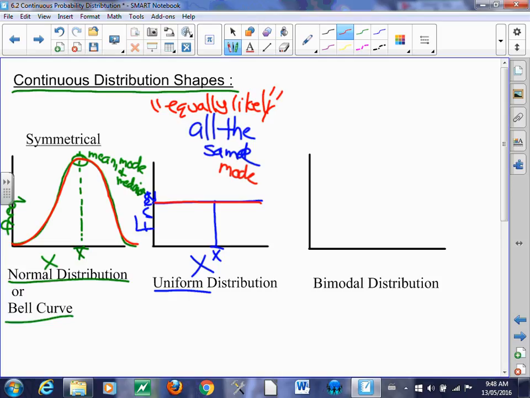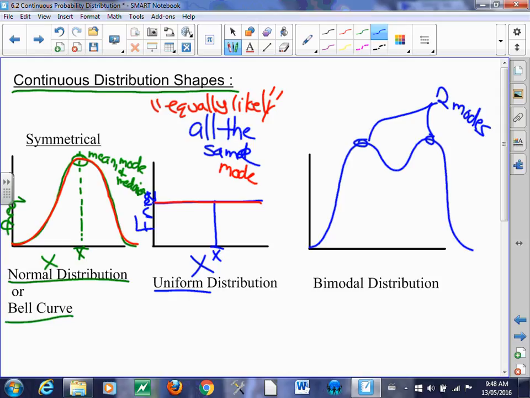All right, now, bimodal distribution. This is going to look funny when I'm done, and you'll know as soon as I start drawing it. So bimodal means we have two modes. So it looks like this. And it's two modes, so we have two higher hills here, folks.